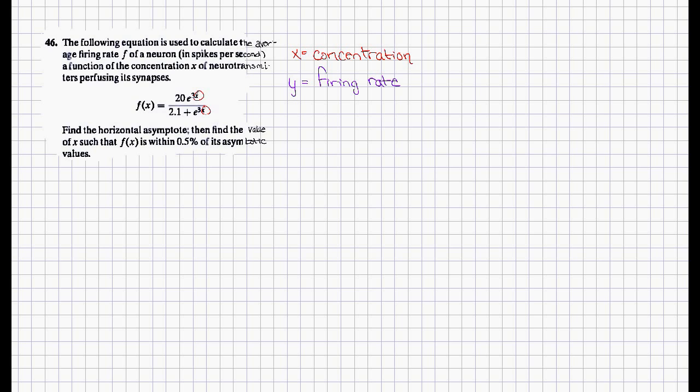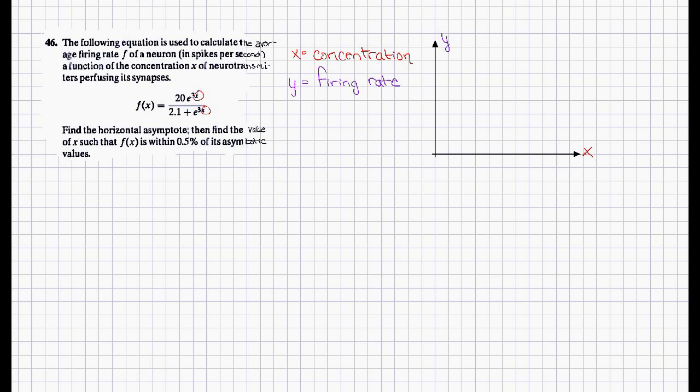Well, we have some function here, and we know that there's some kind of horizontal asymptote. This is only going to be in the first quadrant because I'm not going to have any negative concentrations here. And so since X is going to be my concentration and Y, my function, is going to be my firing rate, you can kind of see from this that the concentration increasing is going to do something to the firing rate.